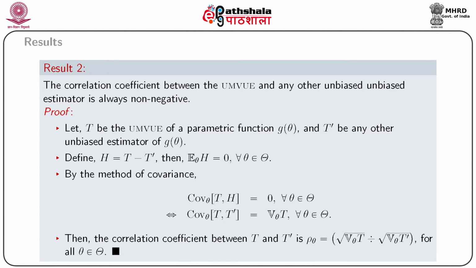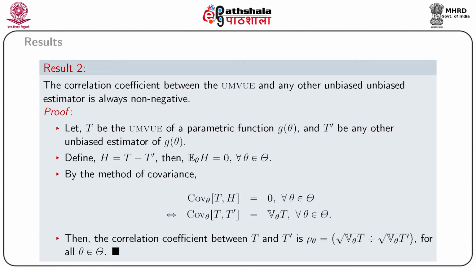By the method of covariance, covariance T, H is equal to 0 for all theta, which implies covariance between T and T minus T dash is equal to 0 for all theta, which implies covariance T, T dash is equal to variance of T for all theta.